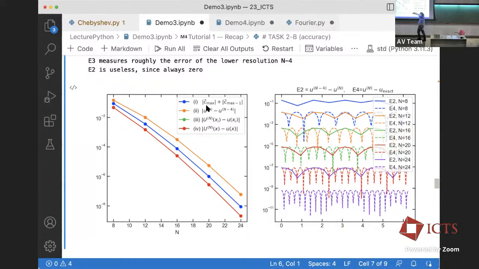That gives you the orange curve, which is pretty similar. Looks a little bit worse, but not very much. The third one is absent because it's down at 0 and useless. And the fourth one is also pretty much in line with the other ones. So the bottom line here is all 3 of these things work out quite nicely when you want to evaluate how accurate your solution actually is.